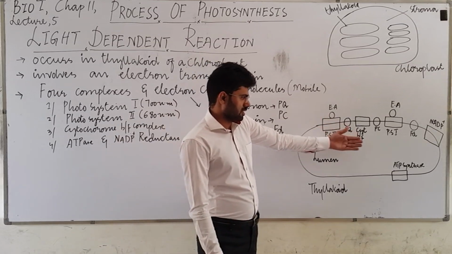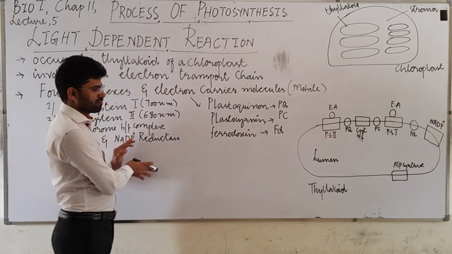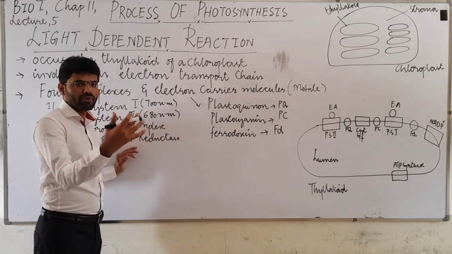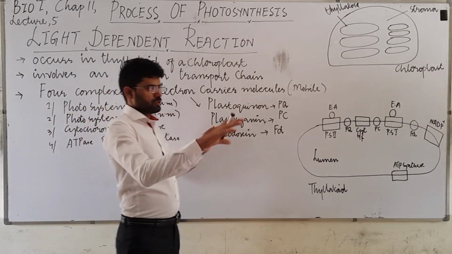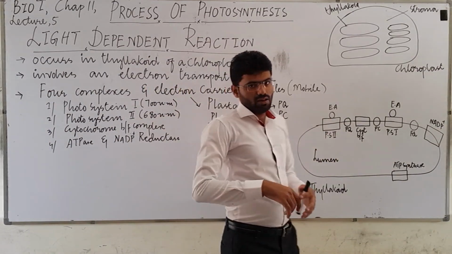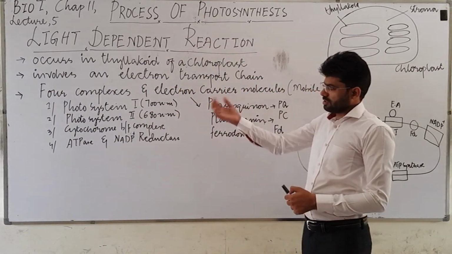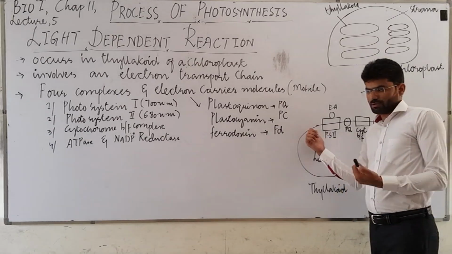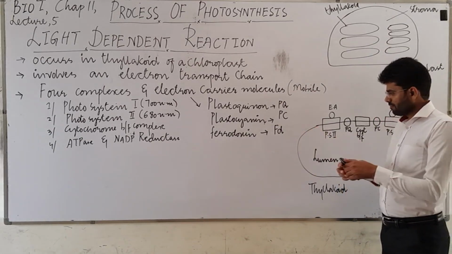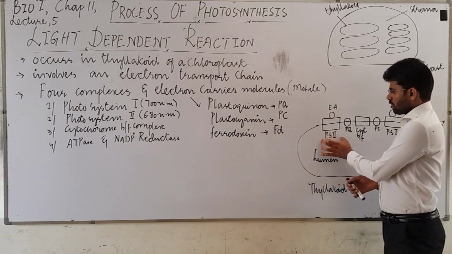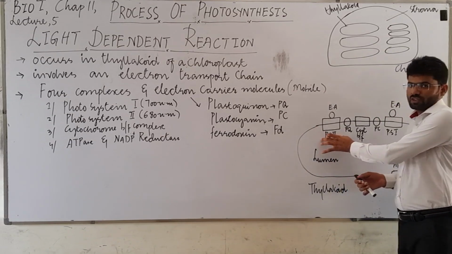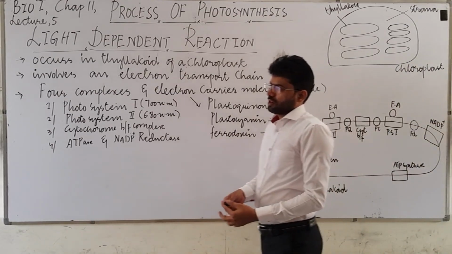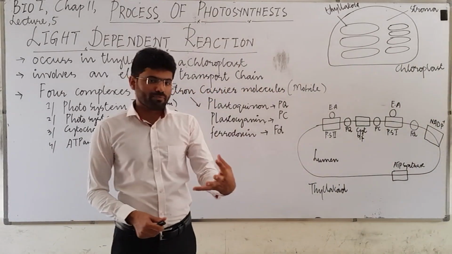The thylakoid has a membrane, and if you know the proteins in the membrane which we discussed in chapter 4 about the plasma membrane, it is made up of phospholipid. These are the protein molecules which are embedded in the thylakoid membrane.